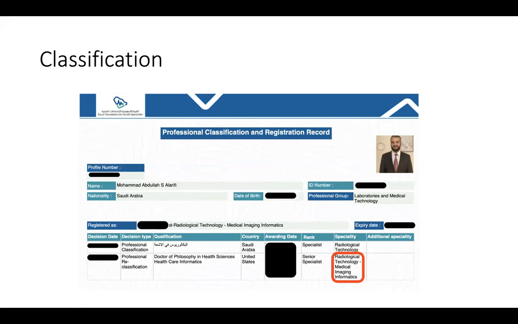As you see, when I got my bachelor degree in radiology, they classified me as radiological technology. And after I got my PhD in health informatics, they classified me still under radiological technology / medical imaging informatics. Thank God, alhamdulillah, I was the first male classified with this. So I opened the door for all of you now, male and female.